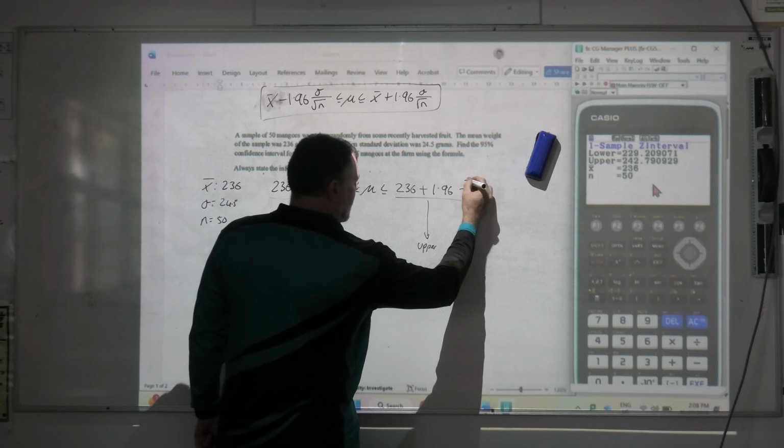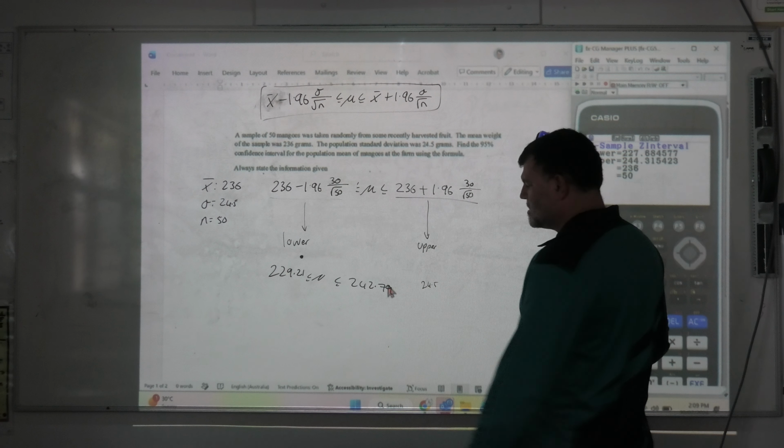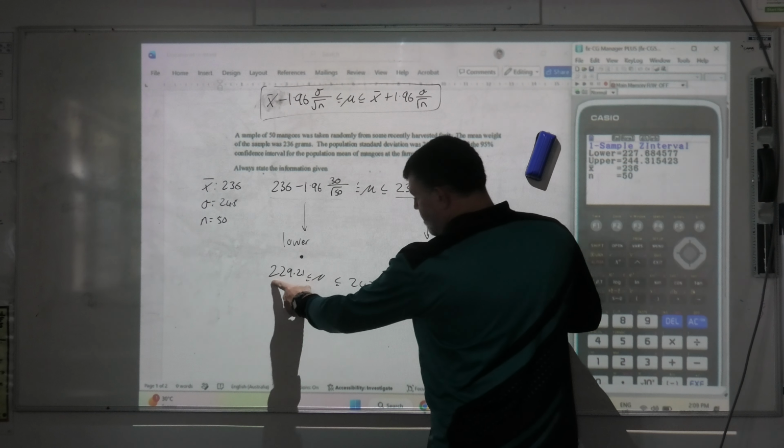So let's go back, go up here and change our standard deviation to 30, and then we'll have a look at the answer. Remember, this here was 24.5. It has a width of approximately 13.